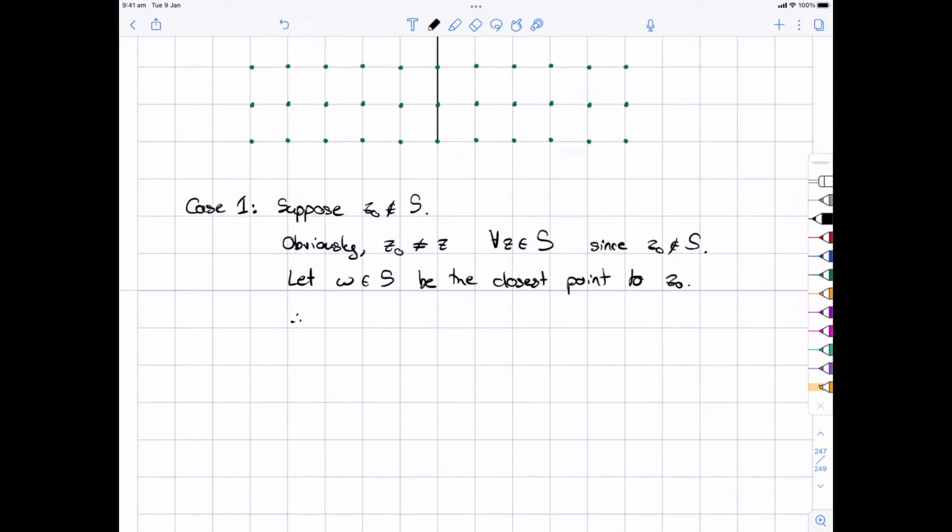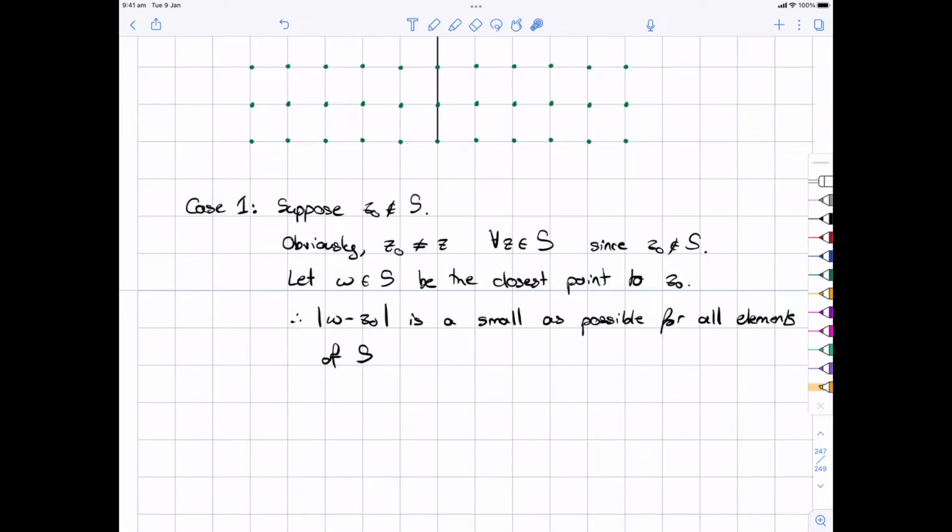And so therefore, what I have is this length, W minus Z0, that length there is as small as possible for all elements of S. Okay, for all my Gaussian integers, I can never get a distance smaller than this distance here.